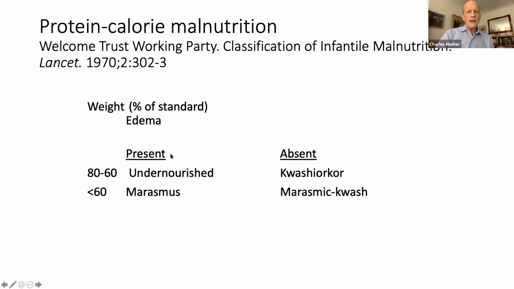So when edema is absent and you've lost this amount of weight, you have marasmus, and when present, you have Kwashiorkor. So the distinguishing feature between marasmus and Kwashiorkor is edema.